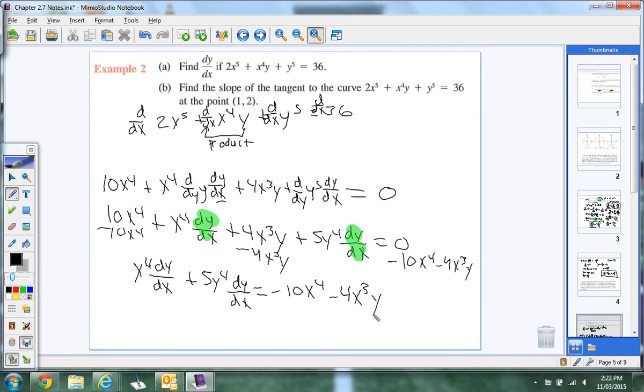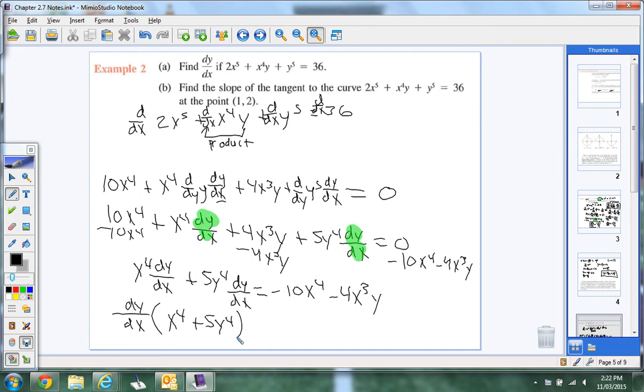All right, questions yet? All right, so like Emily said, now that these are together, they both have this in common. We're going to pull it out. So now we're going to do this. It'd be dy dx. This is where your algebra skills come into play. Like that. That's all you did. Just took it out.